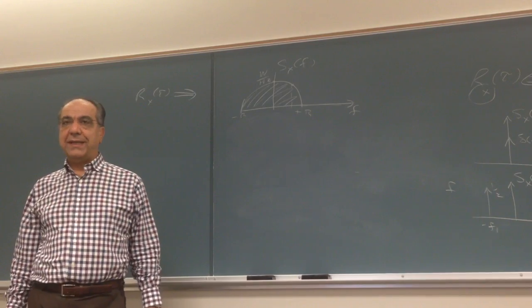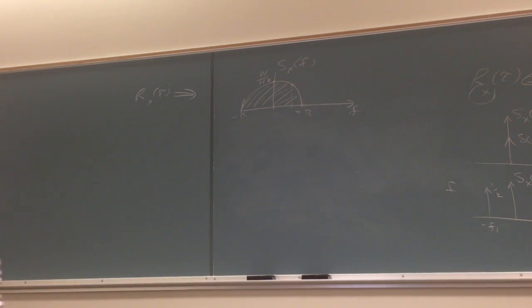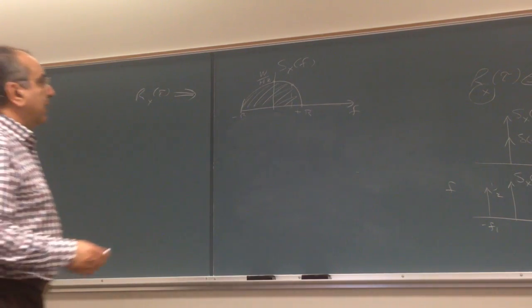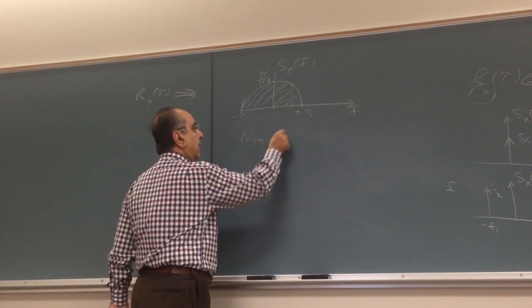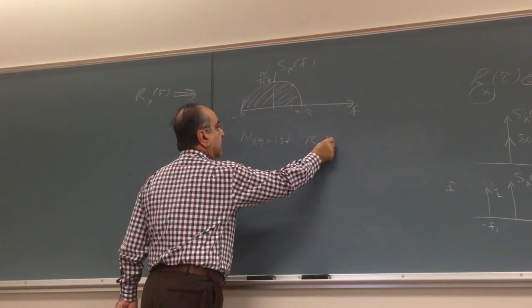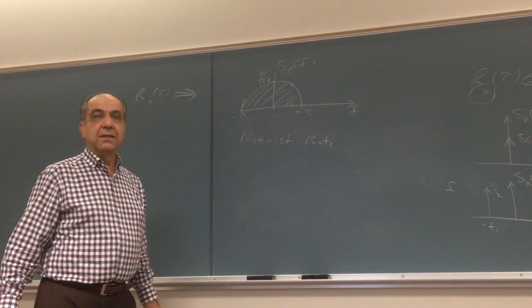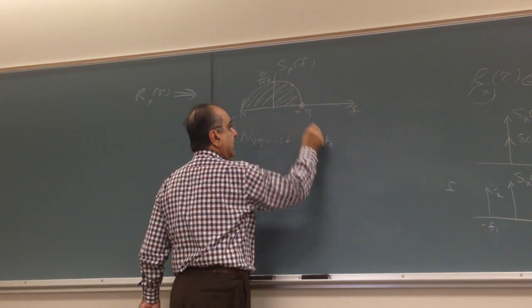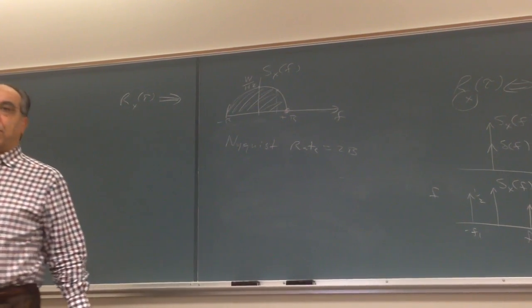What is the Nyquist rate for this signal? Is it the minimum? I want an answer, not a question. Twice the frequency? Twice the bandwidth in this case. It's the way it's defined.